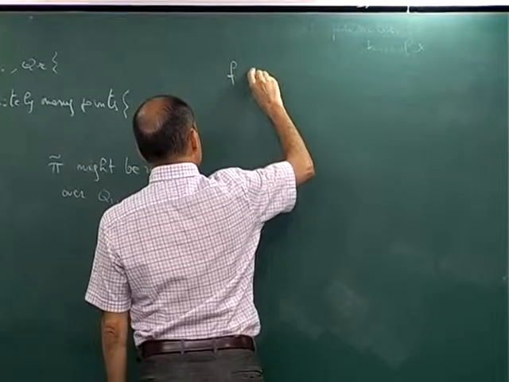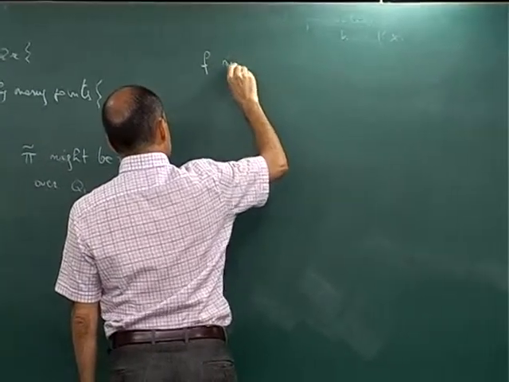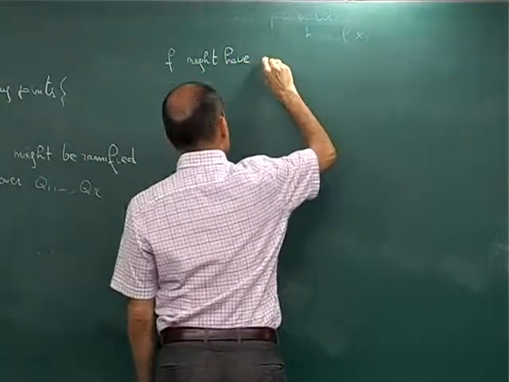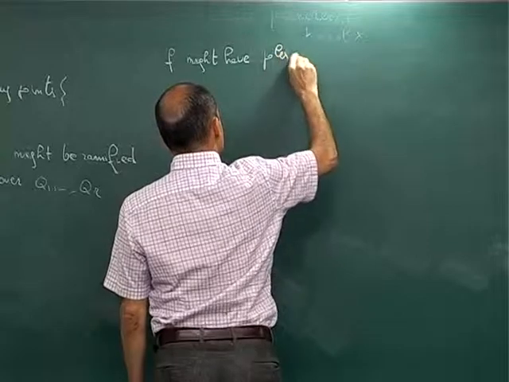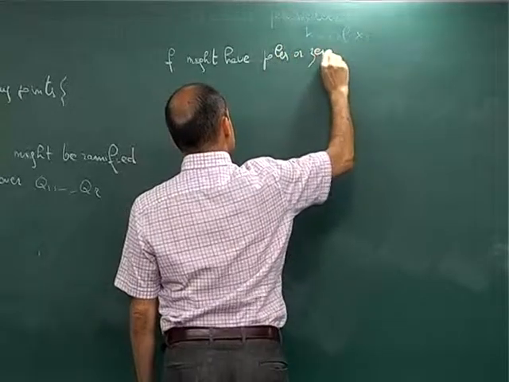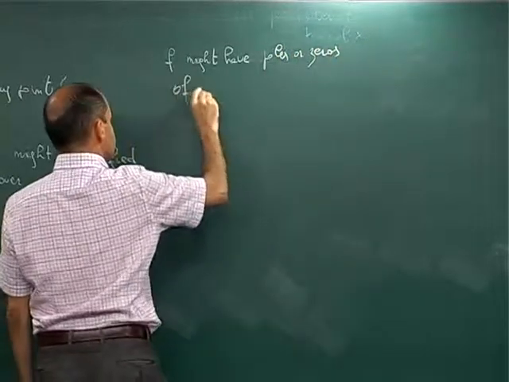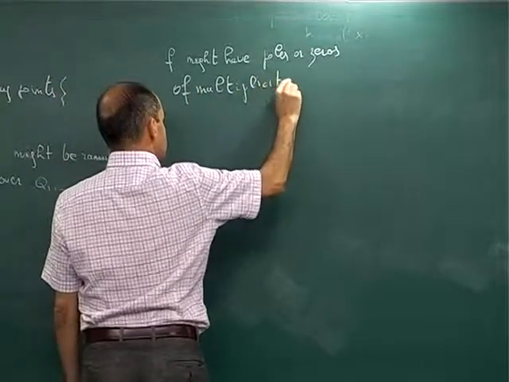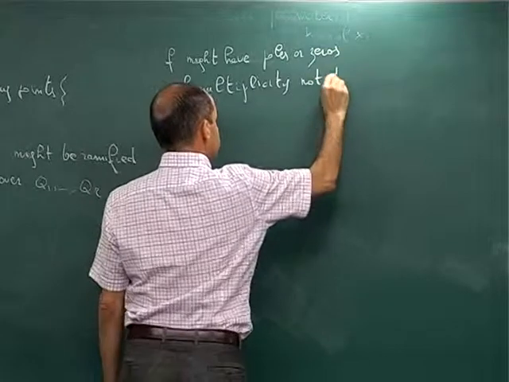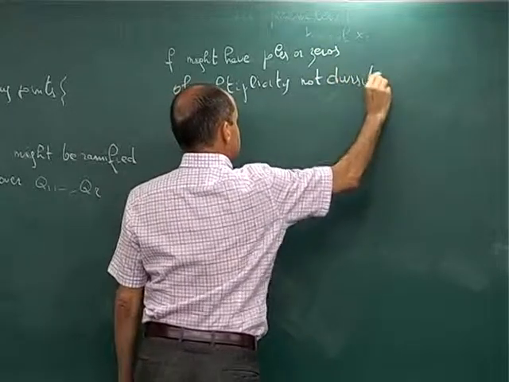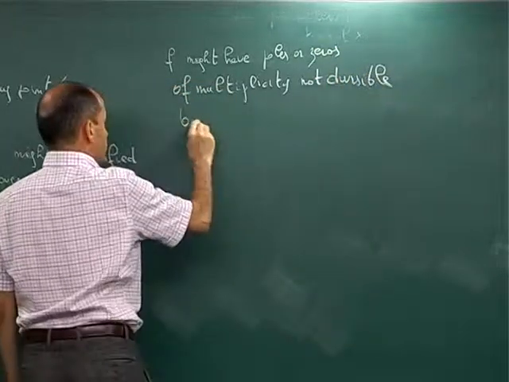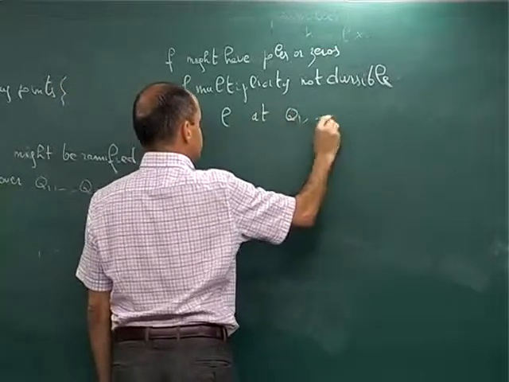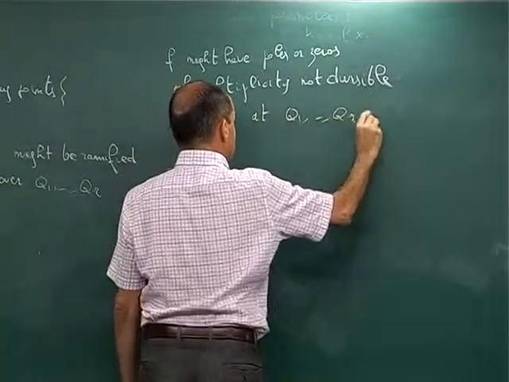So this means that F might have poles or zeros of multiplicity not divisible by L at Q1, ..., QR.